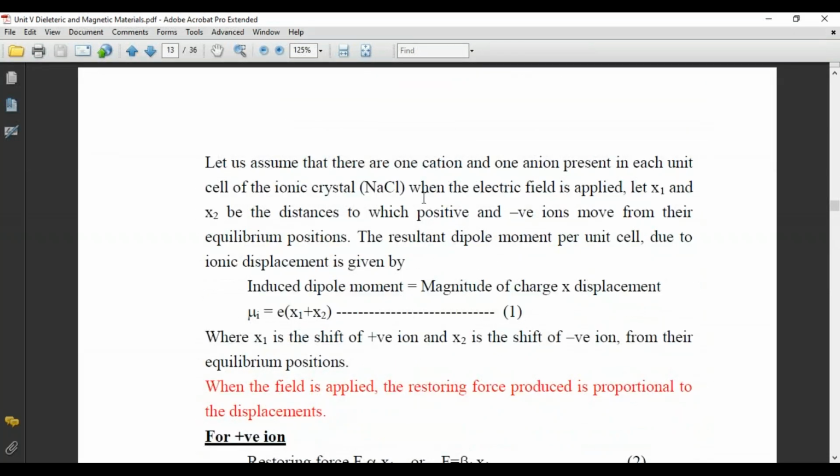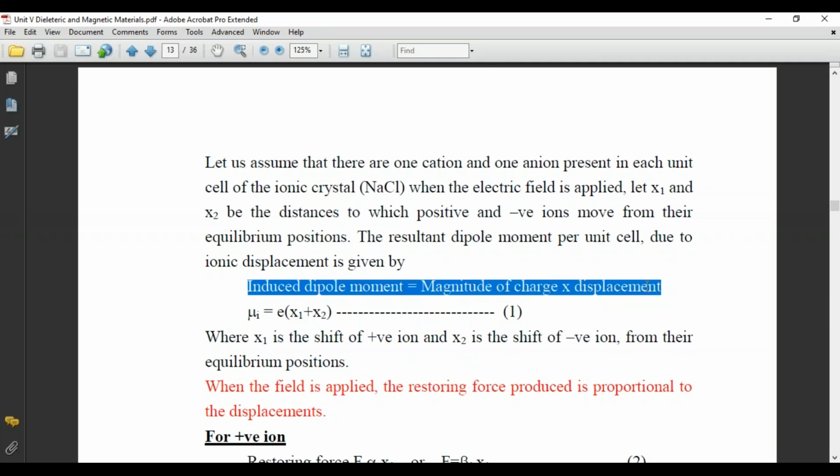Let us assume that there is one cation and one anion present in each unit cell of the ionic crystal. The electric field is applied. x1 and x2 are the displacements of the positive and negative ions from their equilibrium positions. So the resultant induced dipole moment per unit cell due to ionic displacement is the magnitude of the charge multiplied by the displacement.